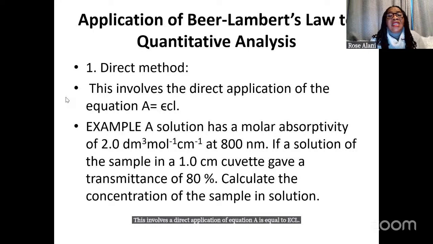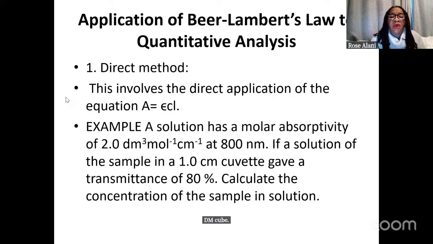So let's look at this example here. You are given the molar absorptivity of a solution to be 2 dm cube per mole per cm at 800 nanometer, that's at that wavelength. If a solution of the sample in a 1 cm cuvette gave a transmittance of 80%, calculate the concentration of the sample in the solution.